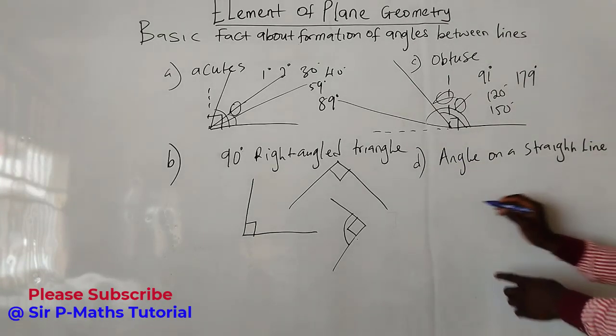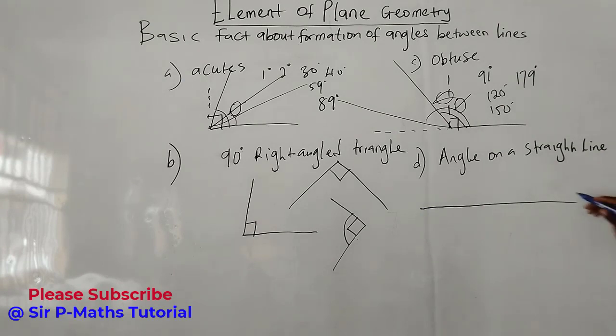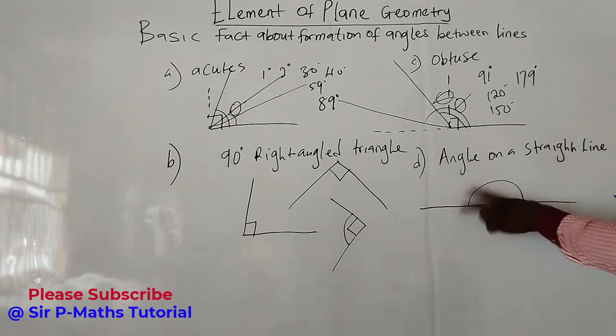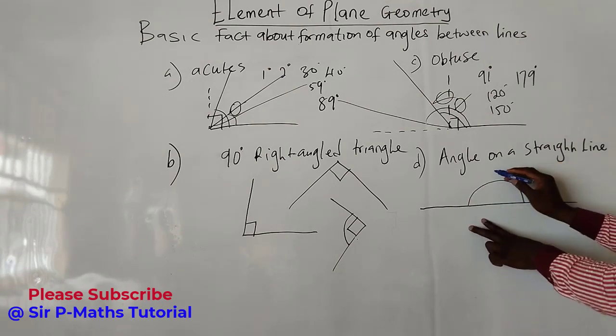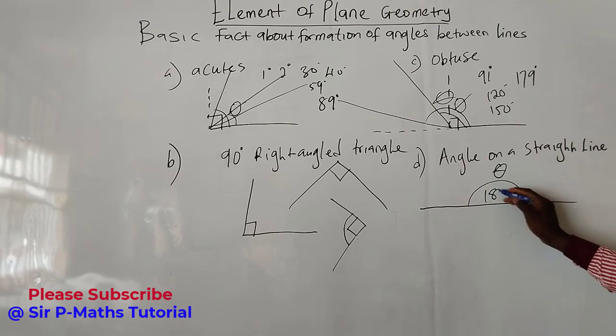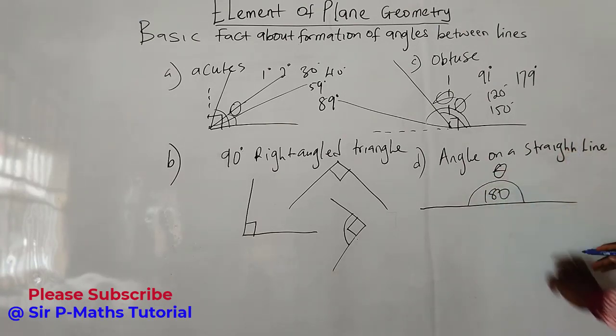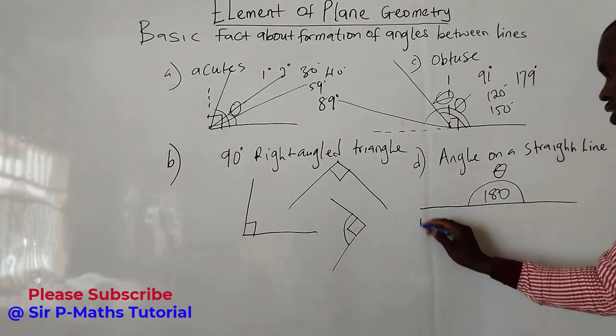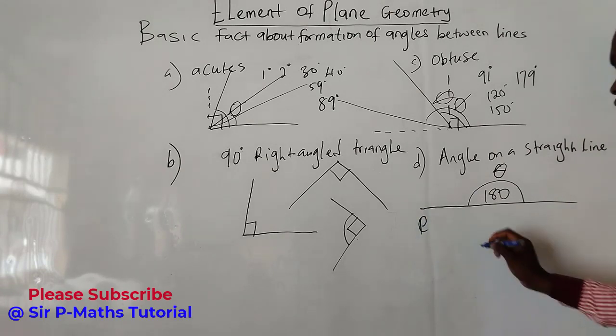For angle on a straight line, we just have a straight line like this. An angle is formed here. The angle formed in this space is what we call angle on a straight line, which is equal to 180 degrees.